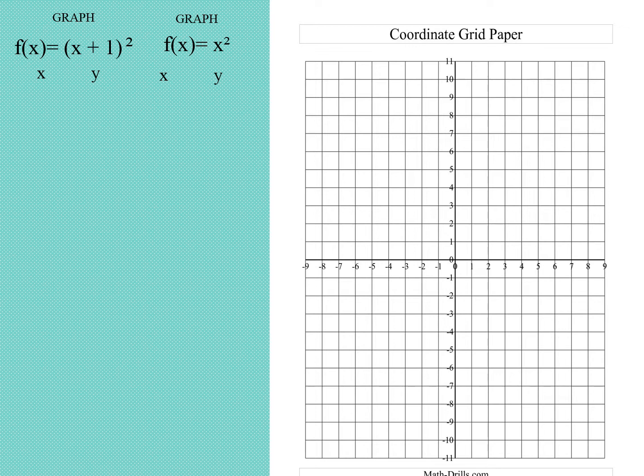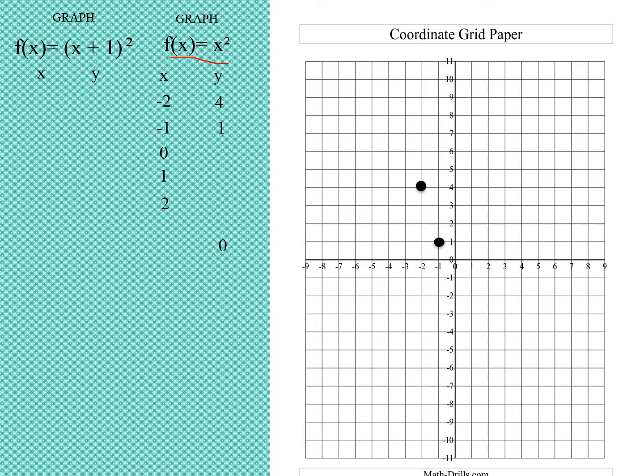Now, let's have the third example, which is in the form of f of x is equal to a times the quantity x minus h, quantity squared. So, we again have as given f of x is equal to x squared, which we finished earlier. So, our table of values is like this.